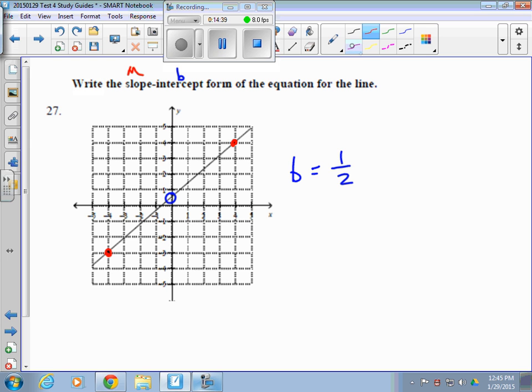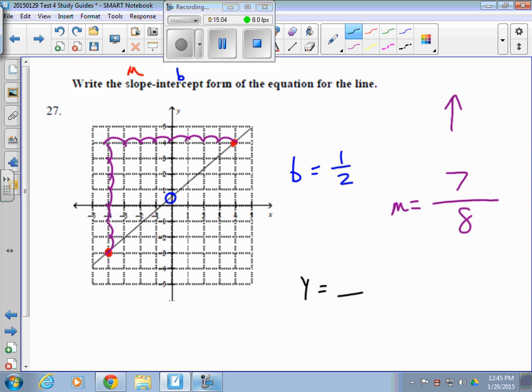Count how many times you got to go up. 1, 2, 3, 4, 5, 6, 7. Up 7 is positive 7. Remember, up 7 is positive 7 over how many times you go to the right. 1, 2, 3, 4, 5, 6, 7, 8 to the right. 8, positive, to the right, excuse me. So there's your m and there's your b.